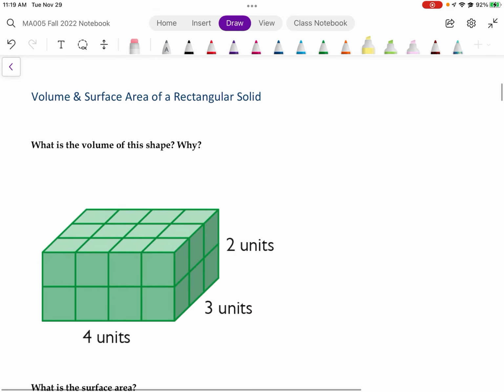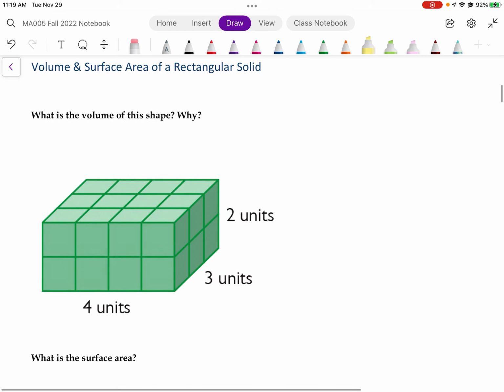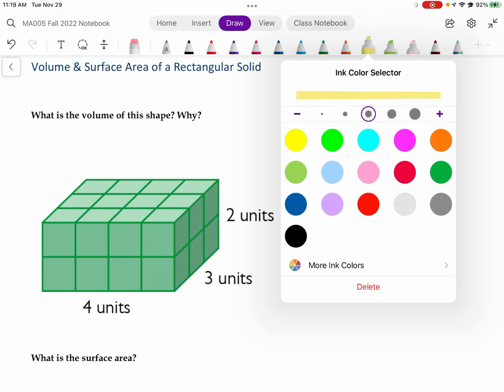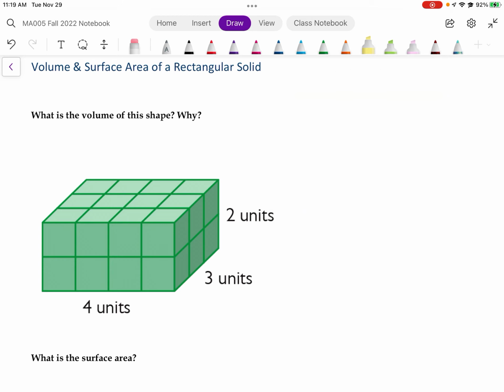All right, so volume and surface area of a rectangular solid works like this. Volume of a rectangular or regular shape that's the same on the top and the bottom is basically the area of the top or bottom, like this area right here, times the height, right?